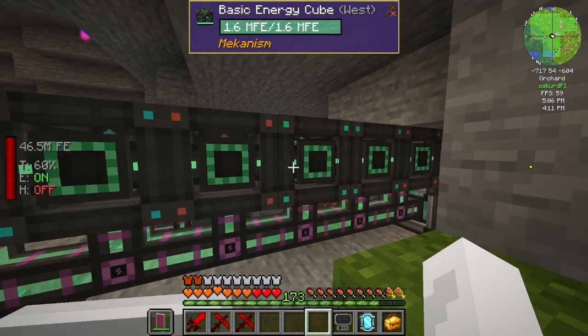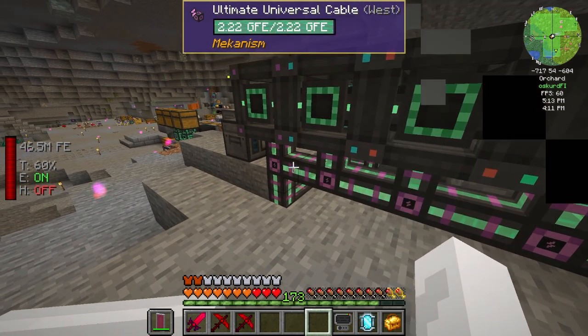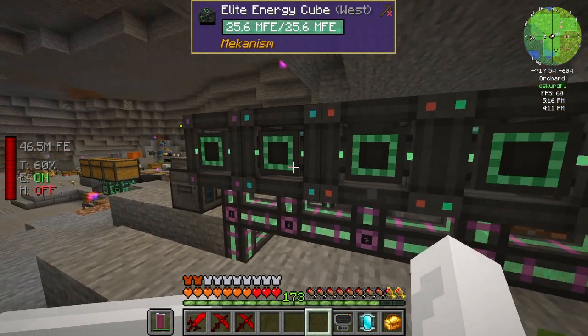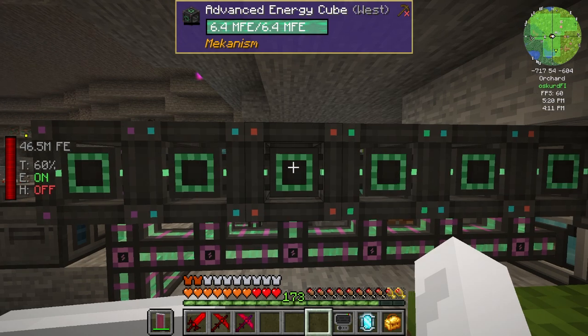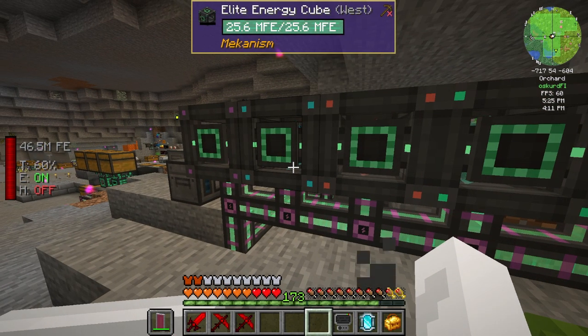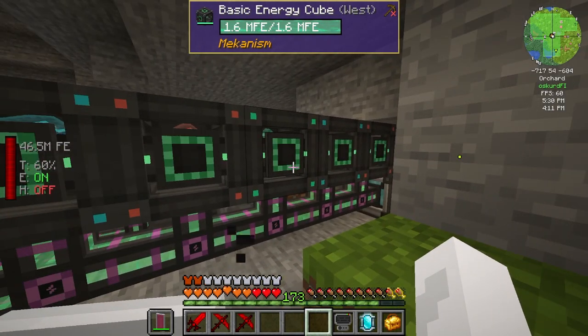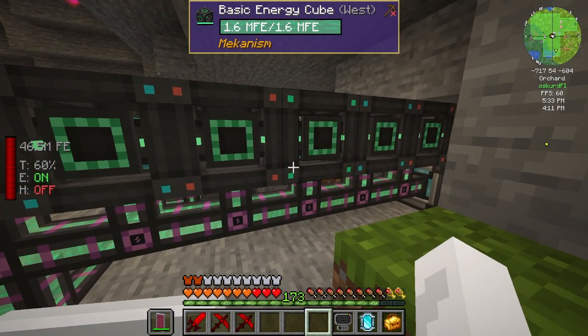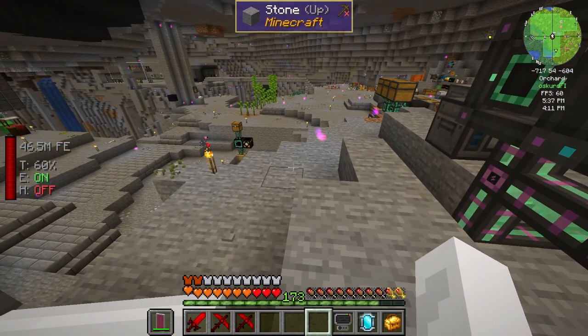Now all these cubes are full, and if at some point we run out of power inside our cables, we can take power from these cubes. It doesn't matter what their output rates are, because this one gives so much more than this basic one. So we have a bunch of power anyway.